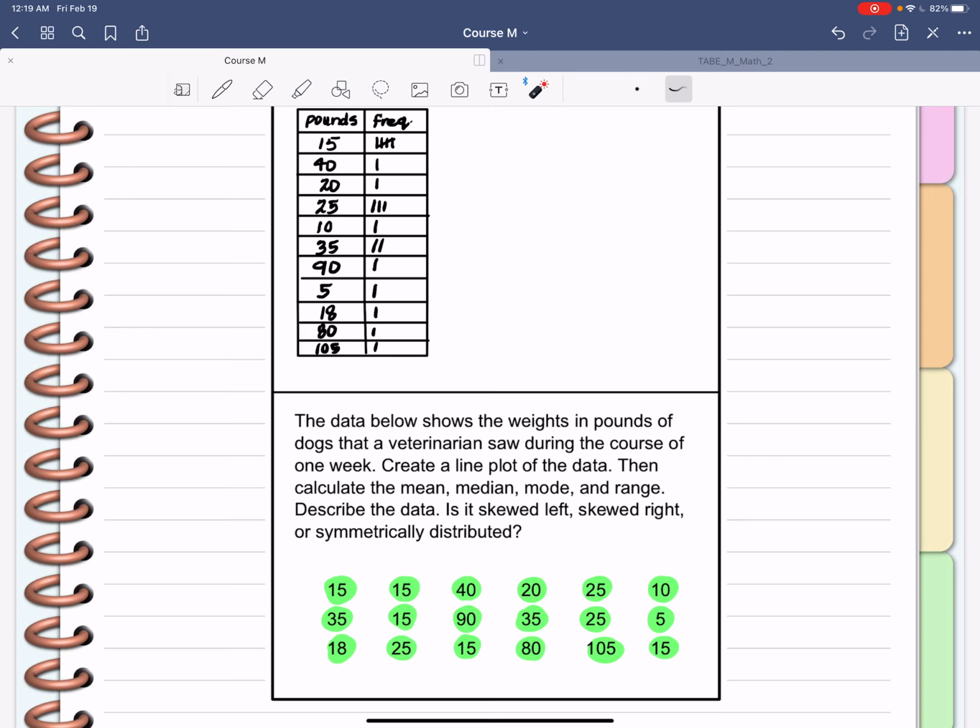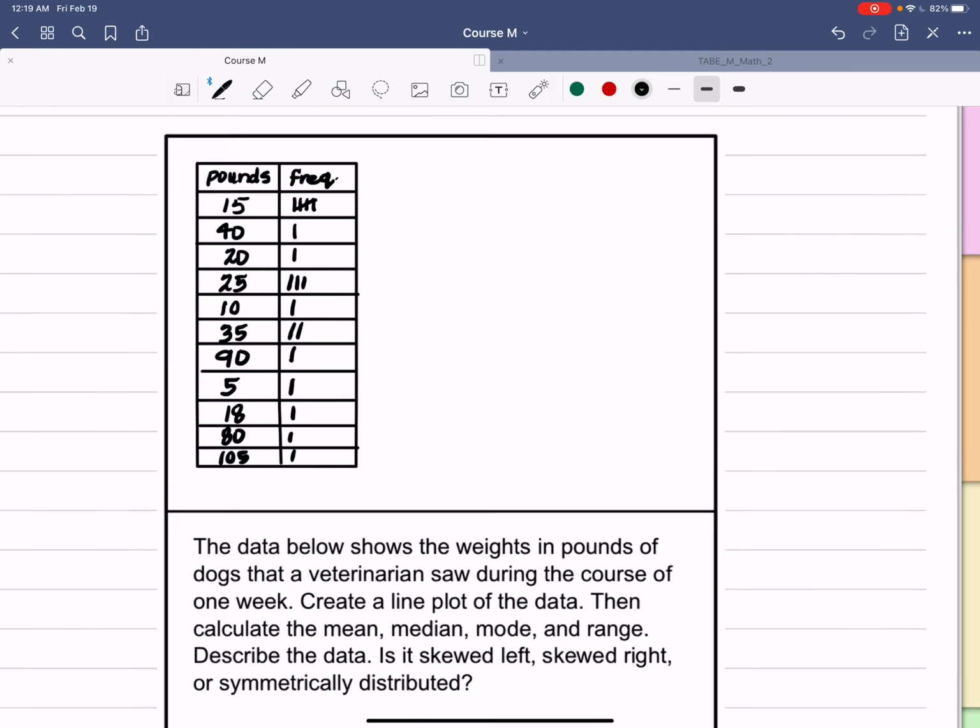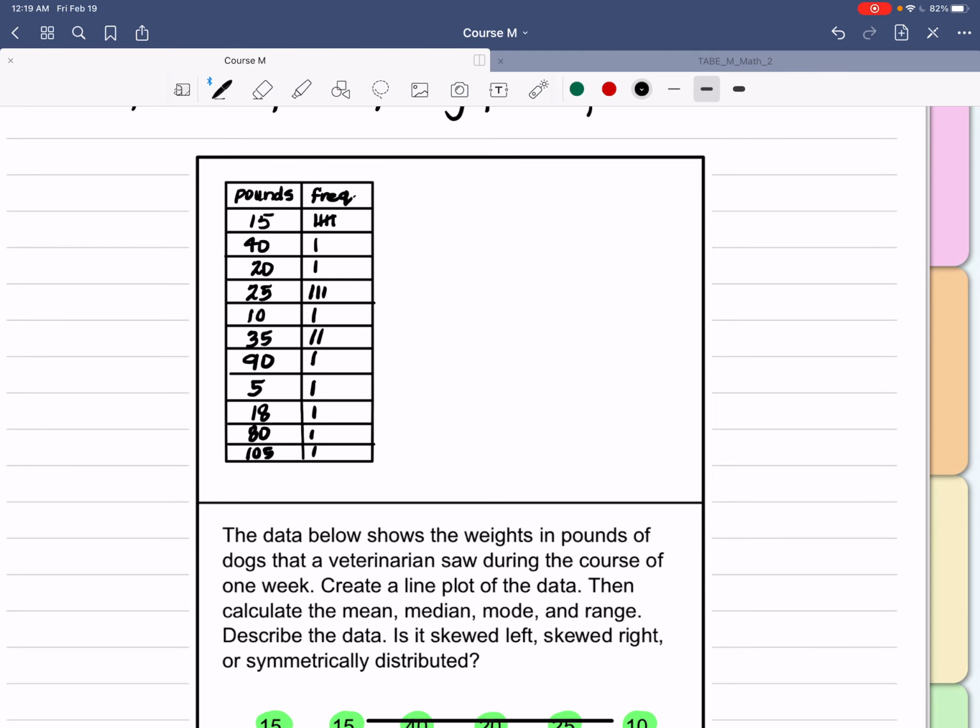I need to count. I have 3 rows down here of 6. That's 18. So 18 dogs. I need to count my tally marks and be sure that I have 18 of those. So I have 5, 6, 7, 8, 9, 10, 11, 12, 13, 14, 15, 16, 17, 18. And now I am ready to draw my graph.